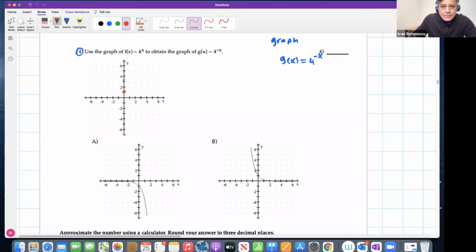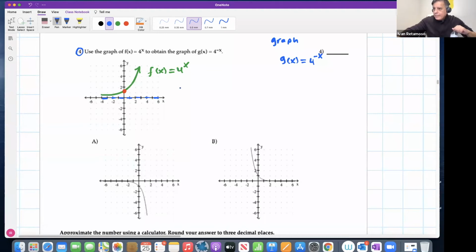This is the graph of f of x equal 4 raised to x. And for this minus there, you have to reflect it about the y-axis. Tricky question.